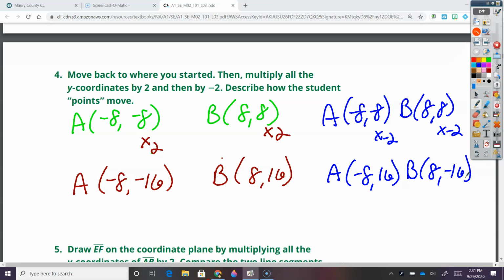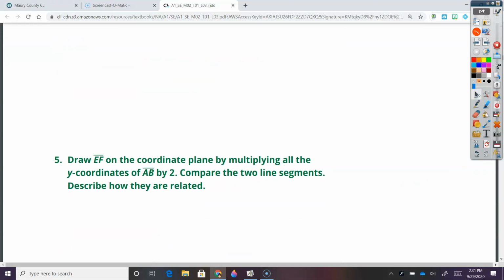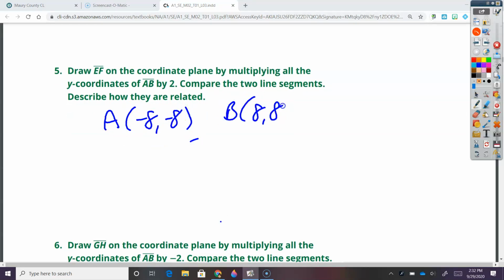Let's look at 5. Draw EF on the coordinate plane by multiplying all of the y-coordinates of AB by 2. Compare the two line segments. So if we take AB and multiply all the y-coordinates by 2, A is going to be (-8, -16).